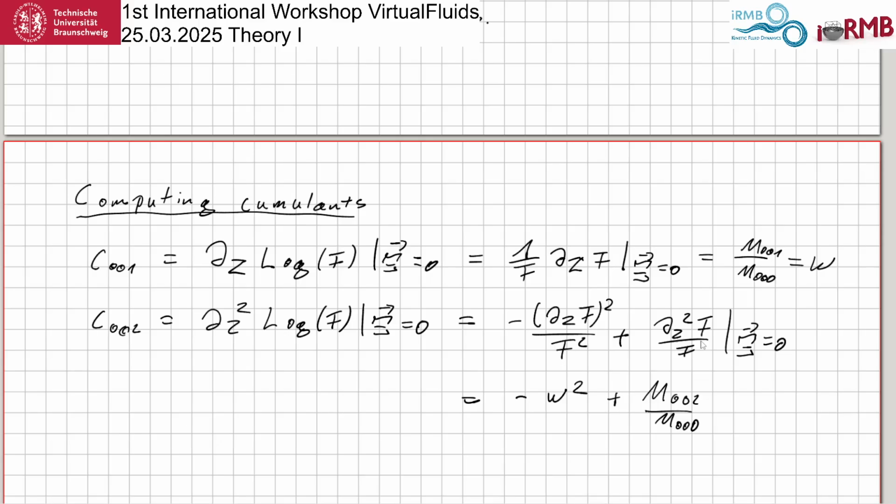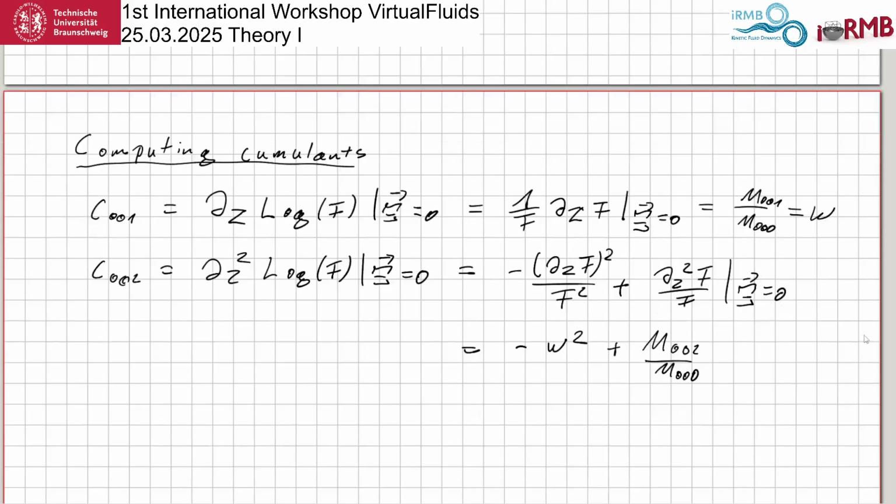Pressure times volume is energy. Now, what comes out as the cumulants are all intensive quantities. You see, velocity comes out, and C002 plus C020 plus C002 is what we call theta, the dimensionless temperature, because we would have to multiply this by a Gauss constant. This is actually the temperature.